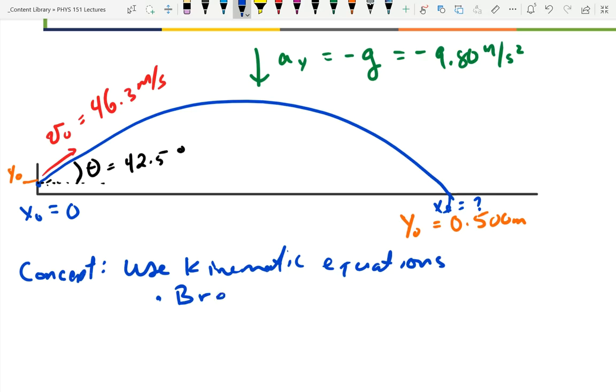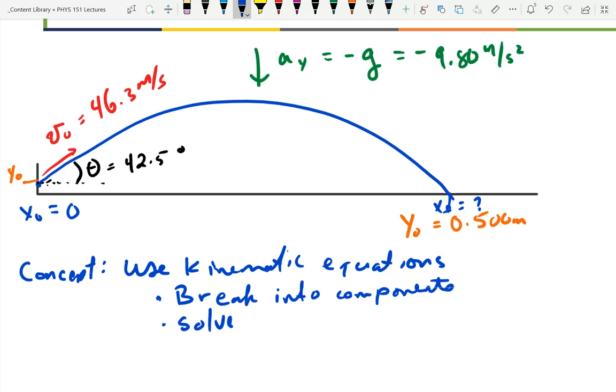And because this is two-dimensional motion, I need to break into components, right? Now the next one is less obvious than the ones above. When I break them into components and solve them, what is the same for both the horizontal direction and the vertical direction? There's one variable that's the same for both horizontal and vertical motion.